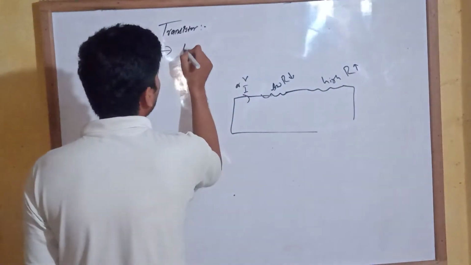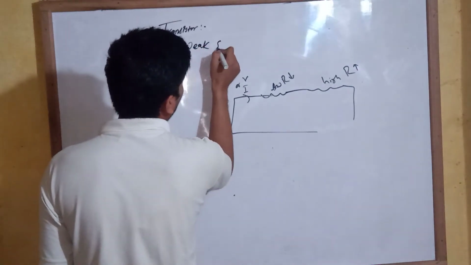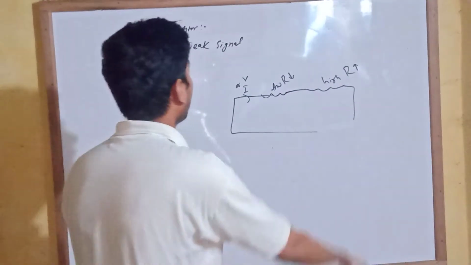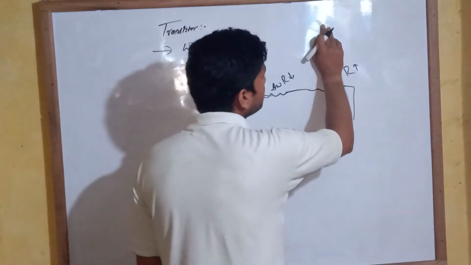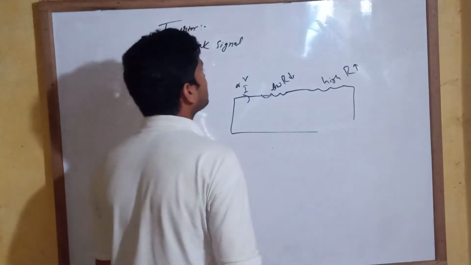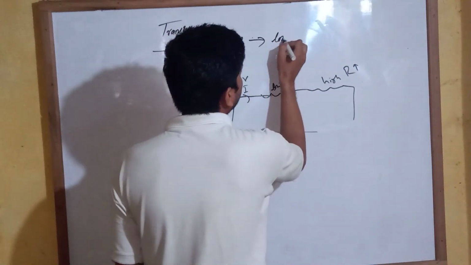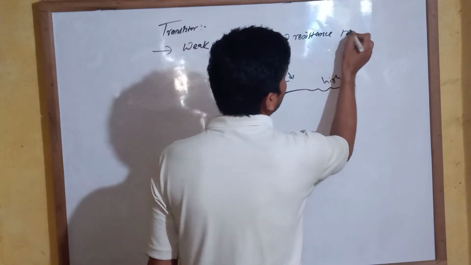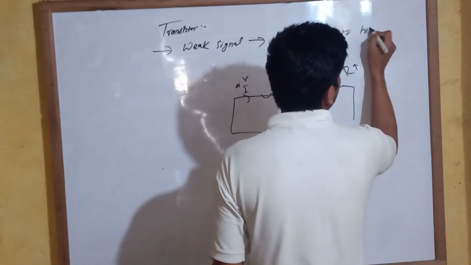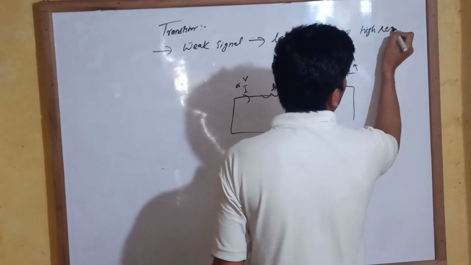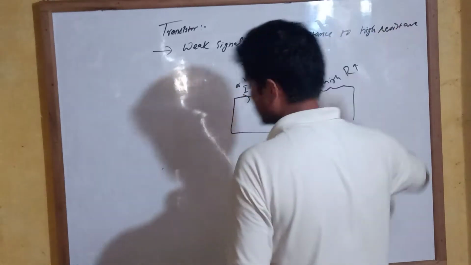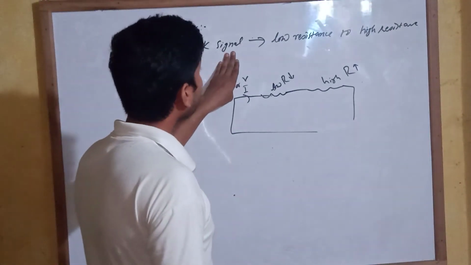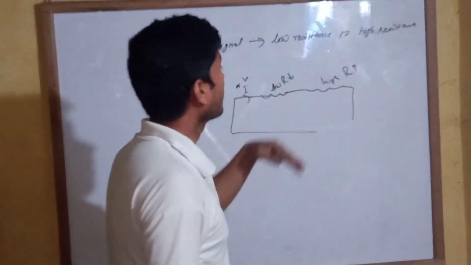We have a weak signal, and this weak signal needs to pass from low resistance to high resistance.